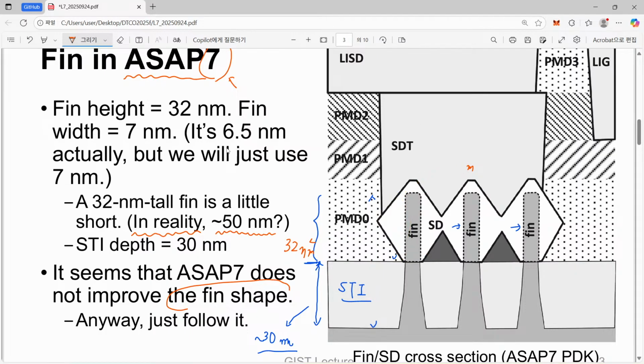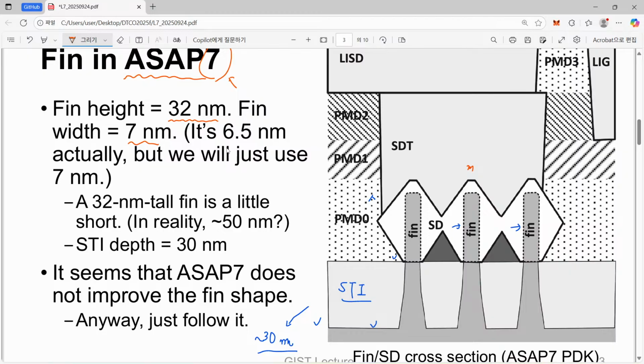Okay, so now I think that I have covered the contents here. Fin height is 32 nanometer and fin width is 7 nanometer. Although in reality it was assumed as 6.5 nanometer, our program is just integer numbered in nanometer scale, so we will just use 7 nanometer.